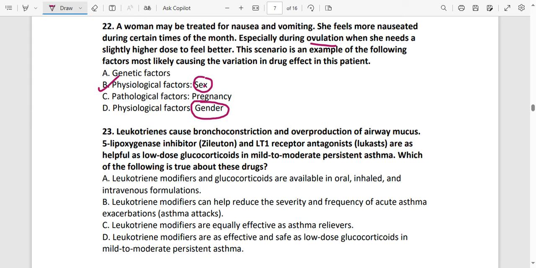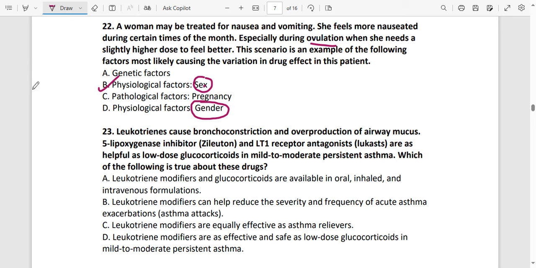Leukotrienes cause bronchoconstriction and overproduction of airway mucus. 5. Lipoxygenase inhibitor Zileuton and LT1 receptor antagonist Montelukast are as helpful as low dose glucocorticoids in mild to moderate persistent asthma. Which of the following is true about these drugs? A. Leukotriene modifiers and glucocorticoids are available in oral, inhaled, and IV formulations.